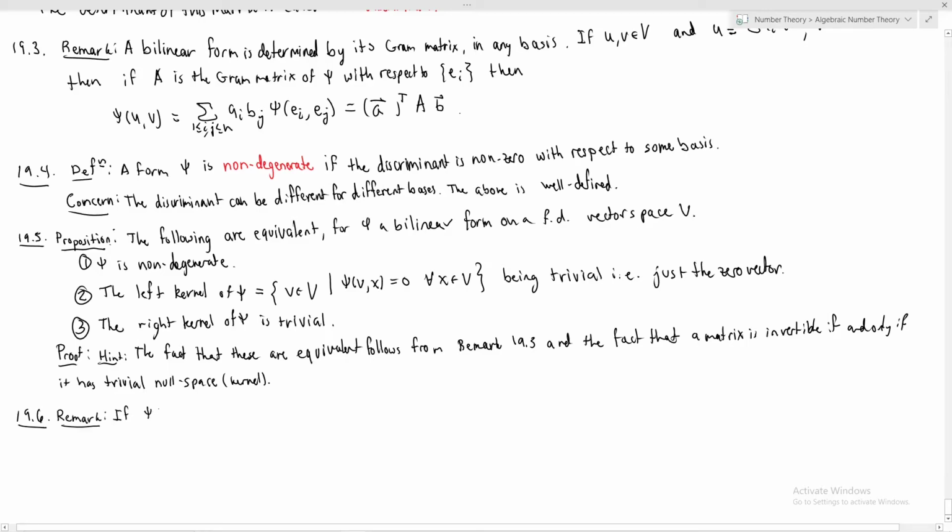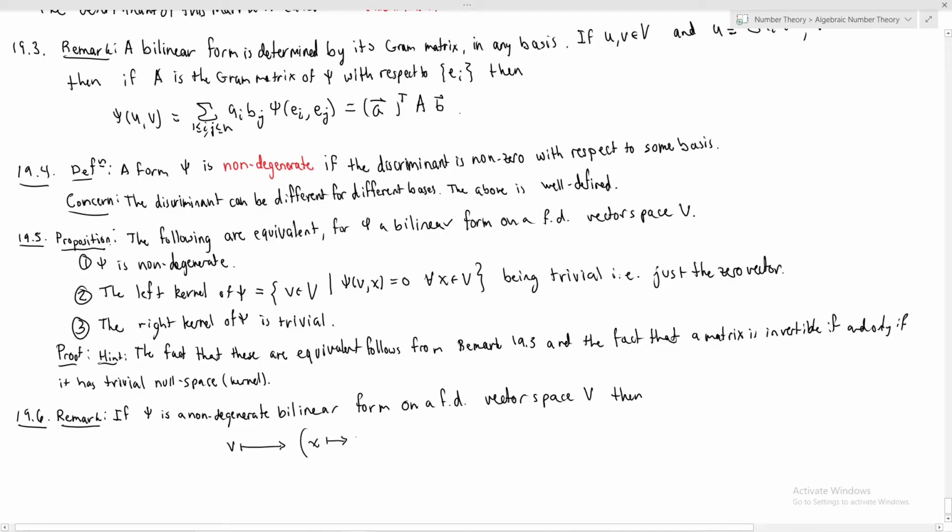If psi is a non-degenerate bilinear form, then essentially psi can be used to understand the dual space of V. Let's say a finite dimensional vector space V. And we've got this map. V maps to the map which sends x.